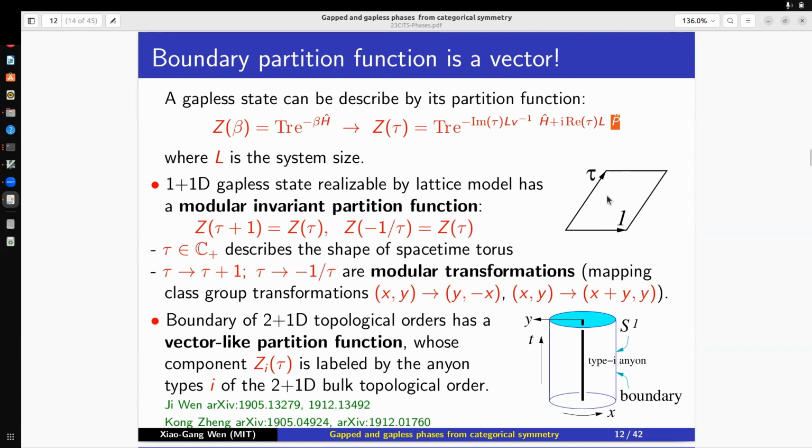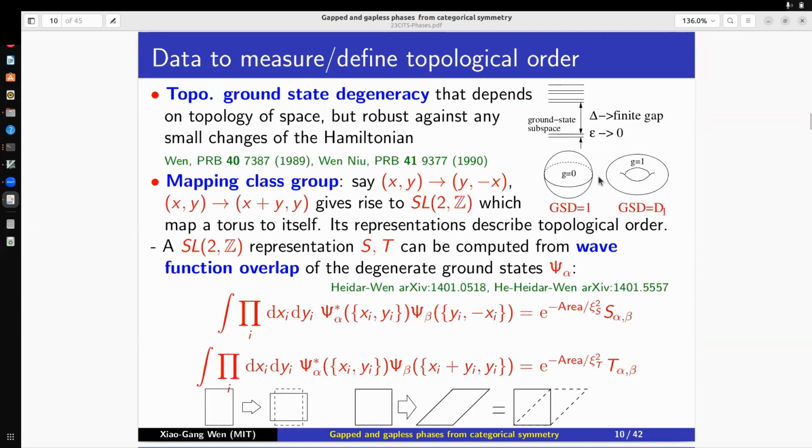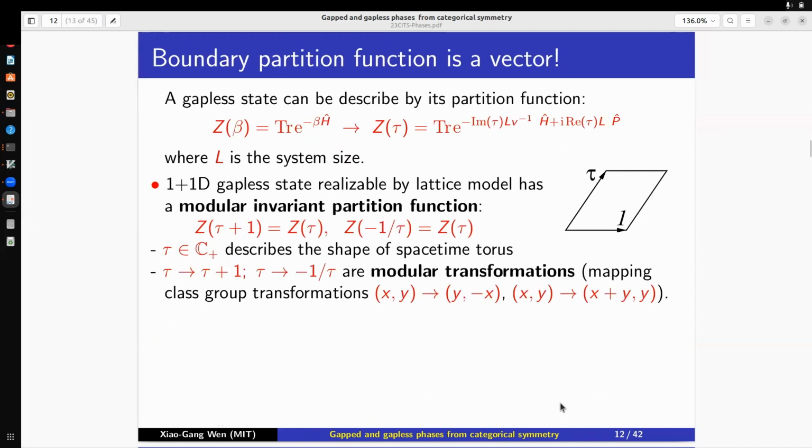And it turns out that the partition function indeed depends on tau. For different tau, you have different partition functions. That's natural. However, sometimes two different tau only differ by a change of coordinates: this parallelogram is the same as a square up to the change of coordinates. That leads to the result that these two partition functions should be the same, because these two tau, although they look like different parallelograms, only differ by a change of coordinates. So it's really the same shape of space-time.